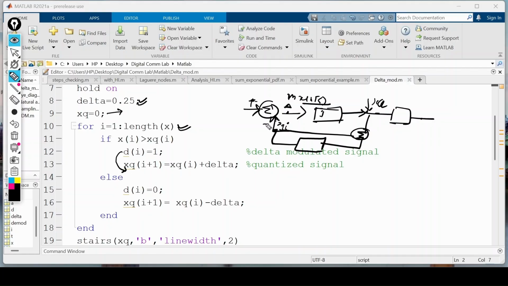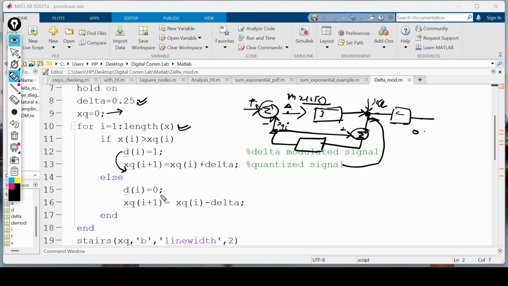So this is xq, and xq plus delta, and it will give you xq(i) again. So the quantizer is just this part. Else d(i) equals 0. If this is negative, you get minus delta, and the encoder will give you 0.